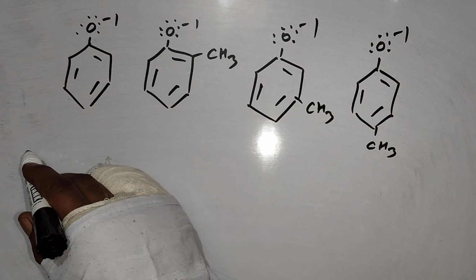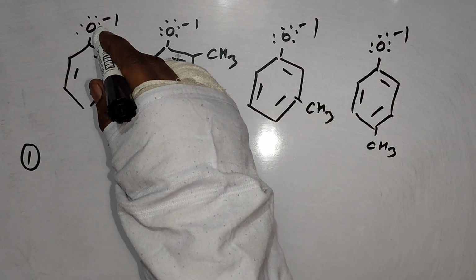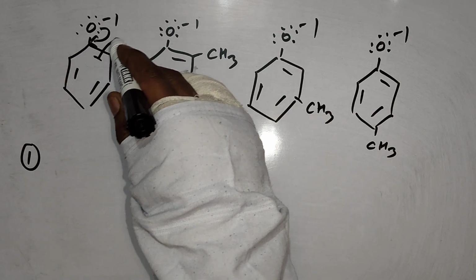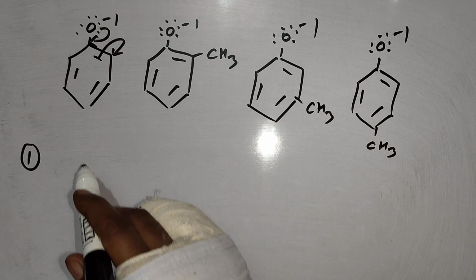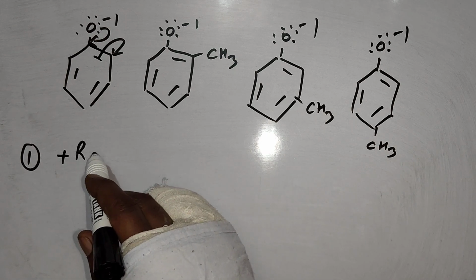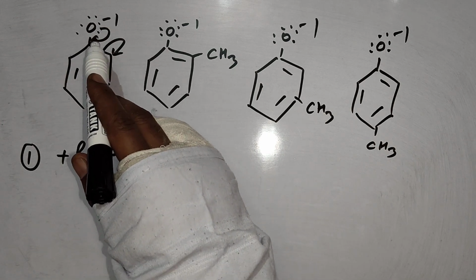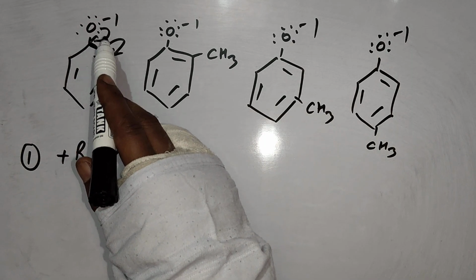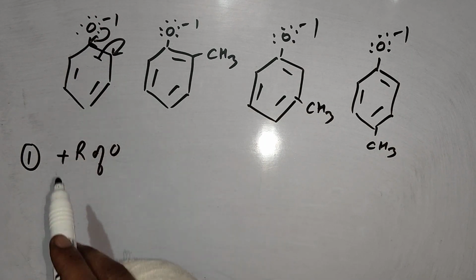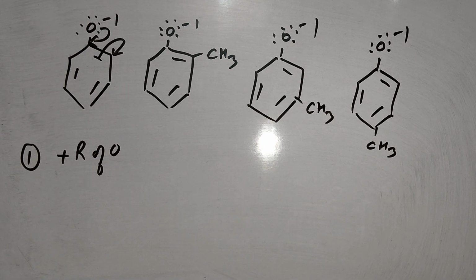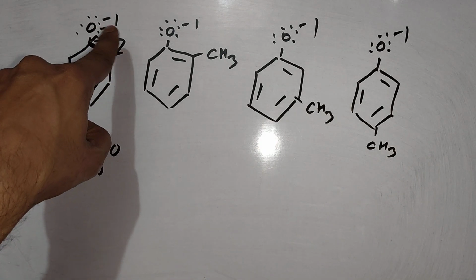Let's start the factors. Number 1, in every case we have this factor, plus R of O. This oxygen which is unstable can donate a lone pair due to resonance in the benzene ring, so we call it plus R. And this plus R of oxygen will decrease the negative charge of oxygen.